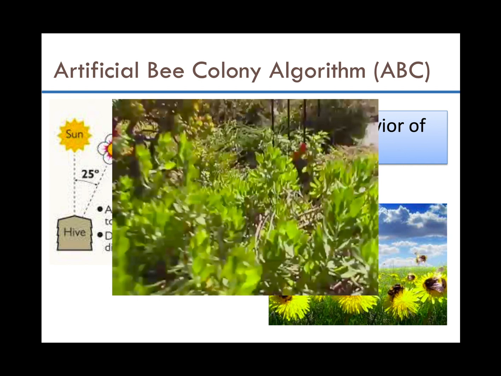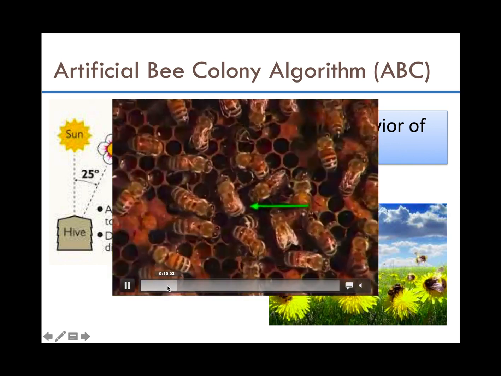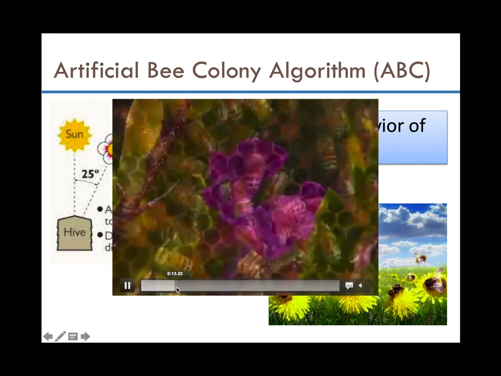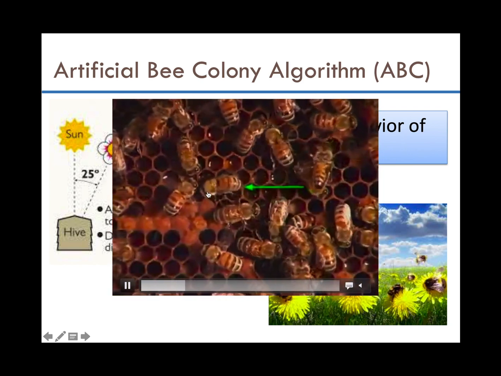I have a very small video on the foraging behavior and the waggle dance of honeybees. You can see here that this bee is collecting the nectar. This bee is collecting the nectar, and then she returns to the hive. Now she is performing the waggle dance.